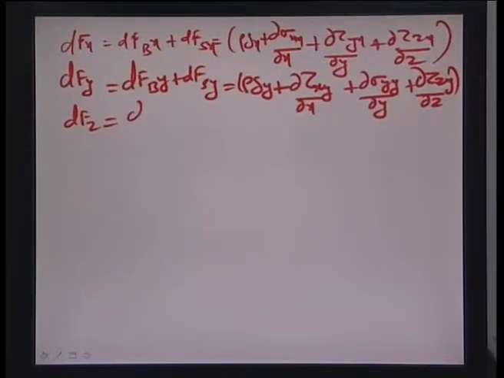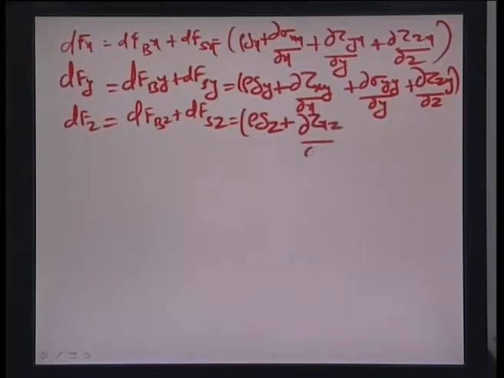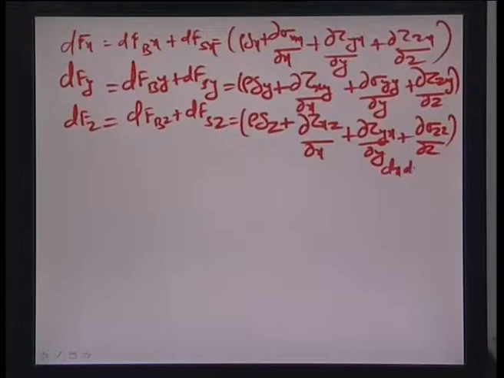Similarly dfz is the body force in the z direction plus the force due to stress in the z direction, which is equal to rho gz plus delta tau xz by dx plus delta tau yz by dy plus delta sigma zz by dz. Actually the volume element is multiplied everywhere, so each of these is also times dx dy dz respectively.